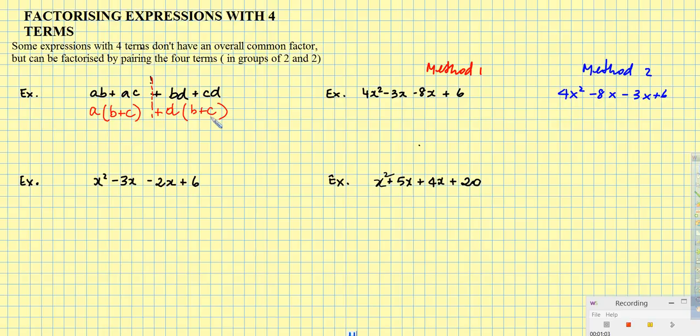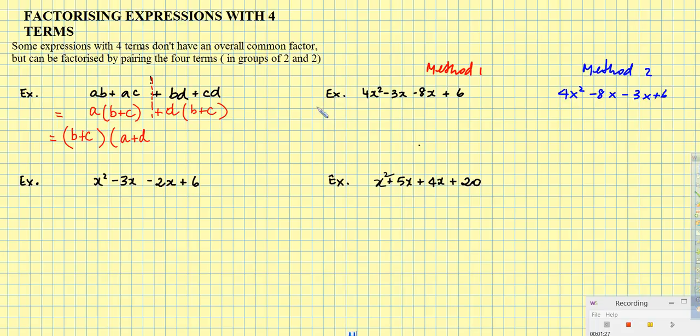Because b + c is common to both, I can remove a b + c, and what is left over inside the parentheses is simply a + d.